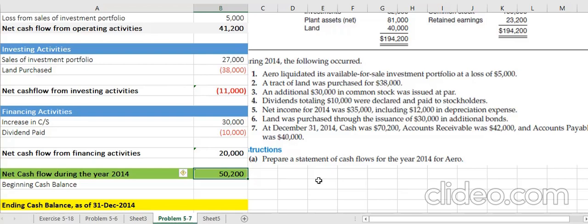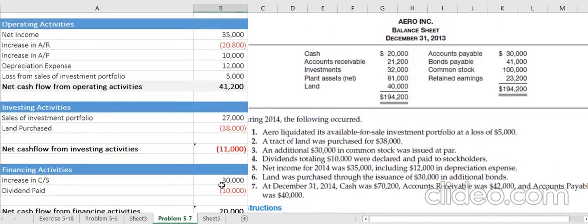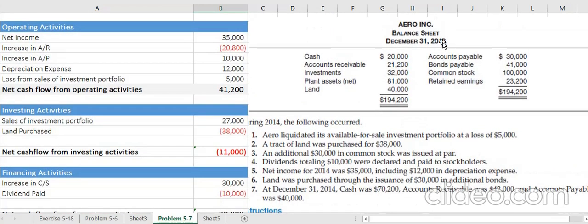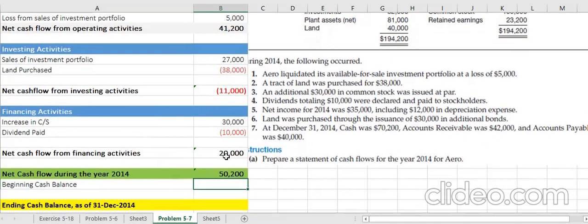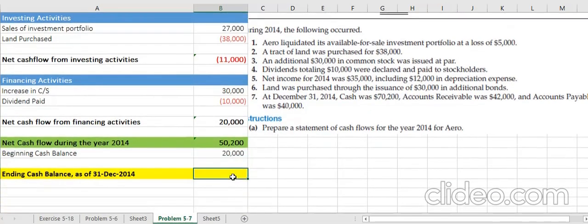Obviously we started this year with a beginning value also. At the beginning of 2014, which was the ending of 2013, we had a cash balance of $20,000. So I will write here $20,000 as the beginning balance, which means in total I have $70,200 in cash right now.